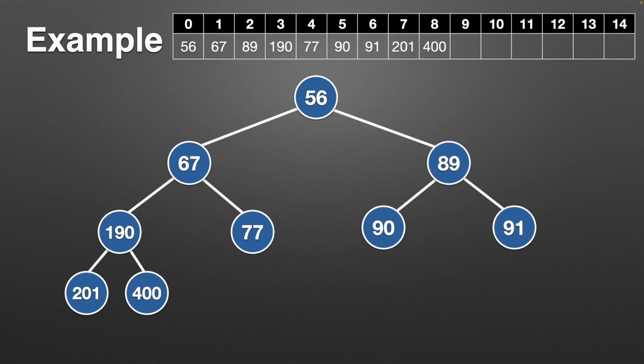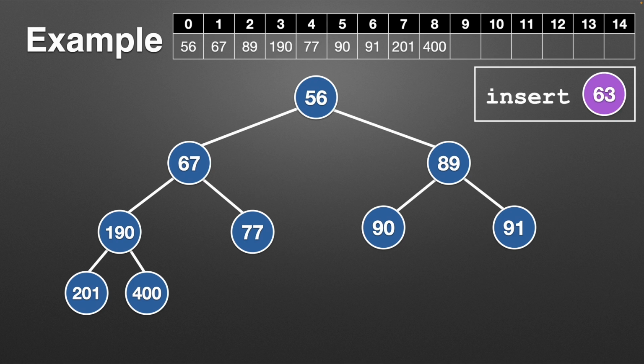So, for example, if we have this min heap that exists, and we're going to insert 63. So we always insert into this next available slot because the heap always has to fill up each level before it can go to the next. So we put 63 down here, and then we check the heap property with its parent. And so in this case, we're asking, is 63 less than its parent?